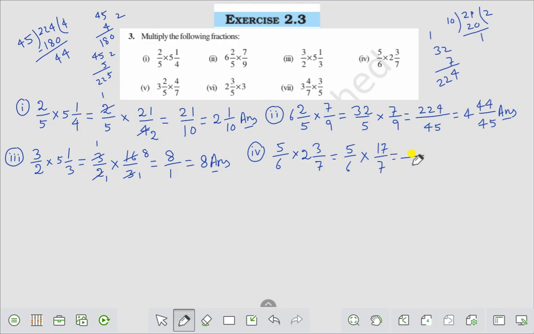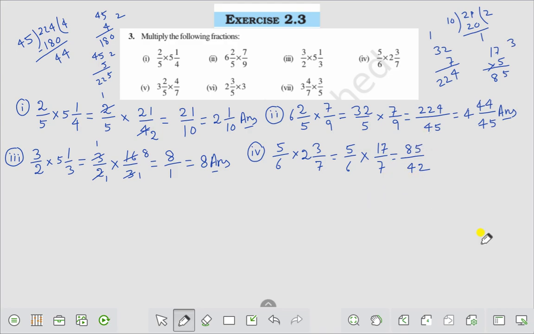Here 6 7s are 42 and 17 into 5. If we multiply 17 with 5, that is 5 7s are 35, 3 carry, 5 1s are 5 plus 3, 8, that is 85. 85 by 42.